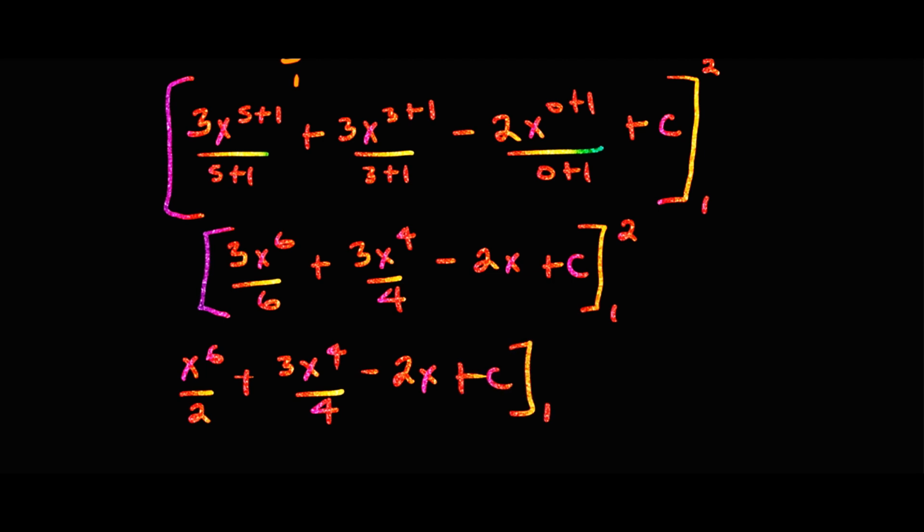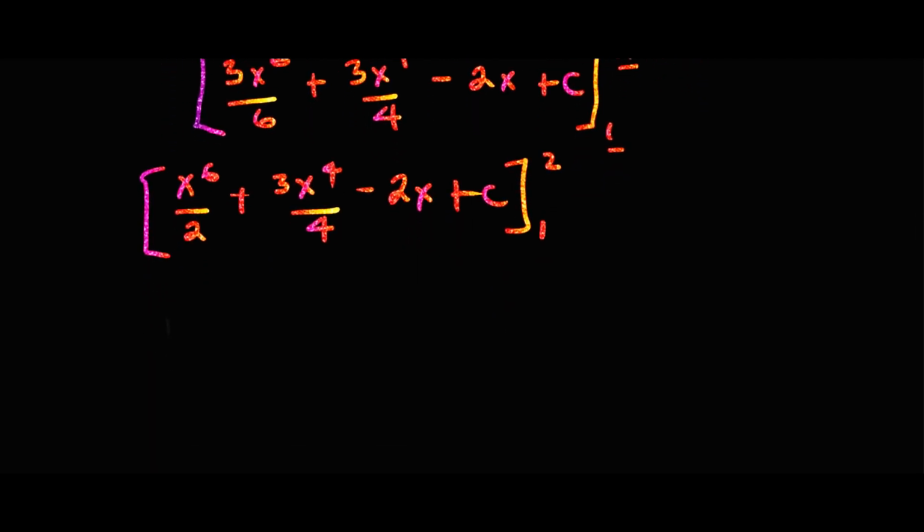So that is from 1 to 2. So now we can substitute. For us to get this, we just substitute when x is 2, and then we subtract when x is 1. Okay, so let us do that.